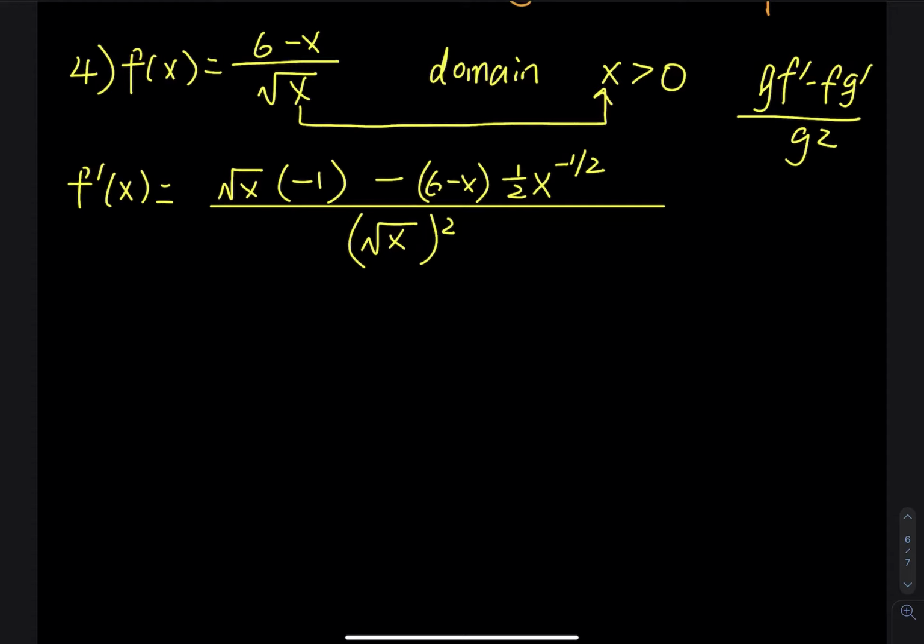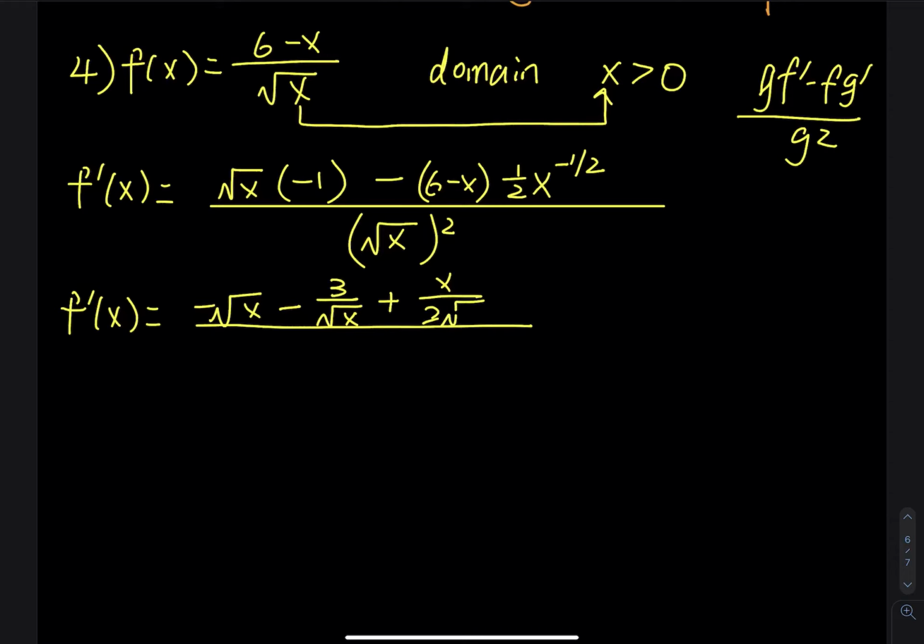And then f prime of x is equal to negative square root of x, and then minus 6 times 1/2, so that will be minus 3 divided by square root of x, and then plus x and x, so you have x and then 2 root x, right? And then divided by the denominator, which is just an x.